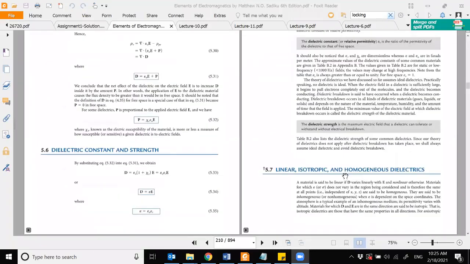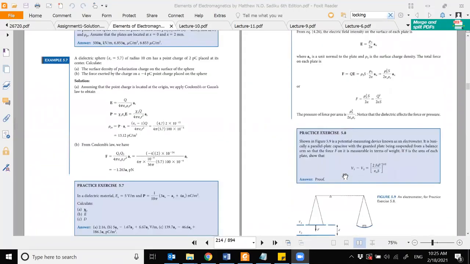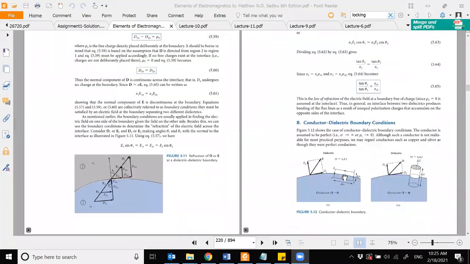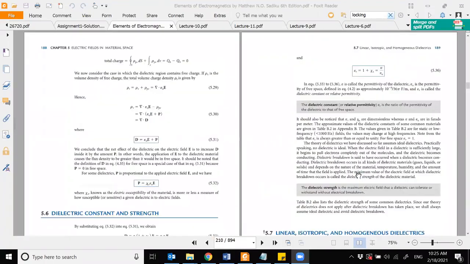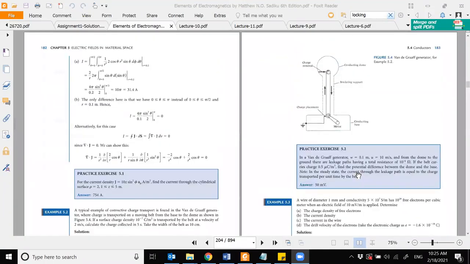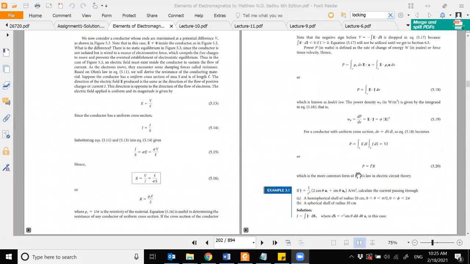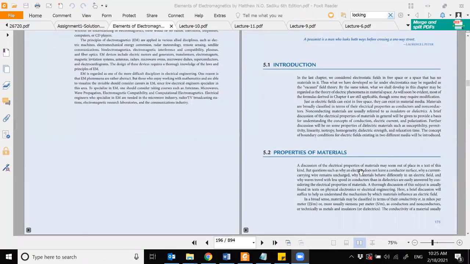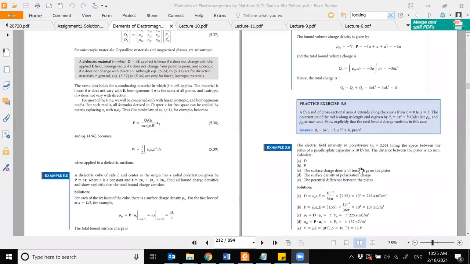Where is the potential? Equation, boundary conditions. No, guys, I'm unable to locate that example.